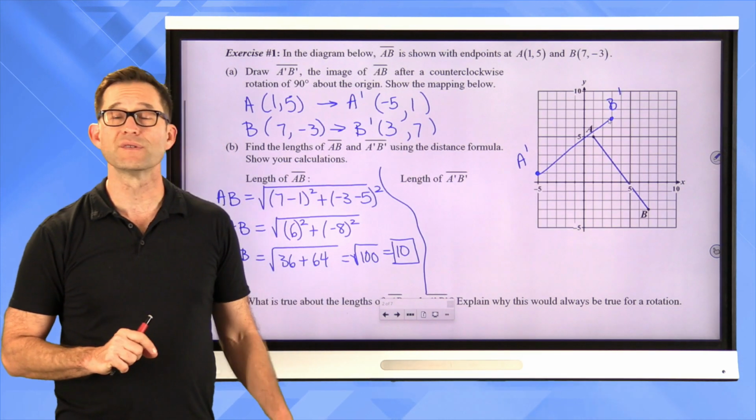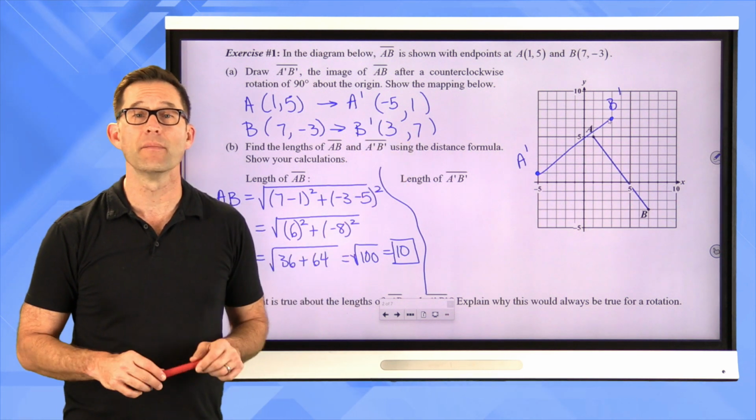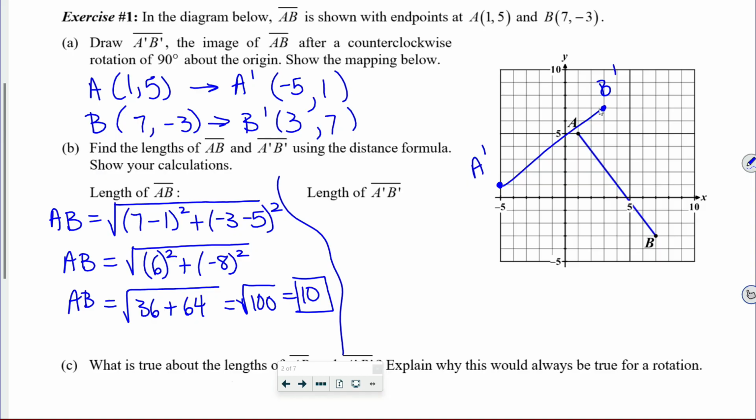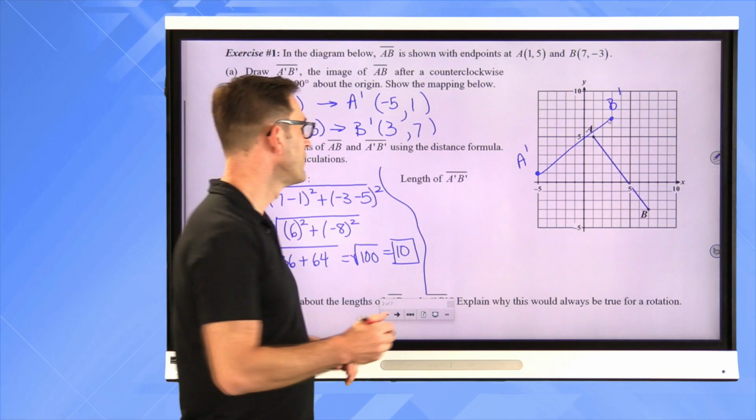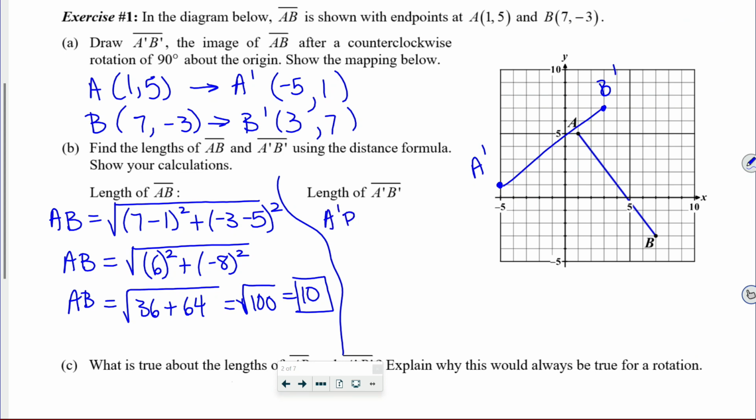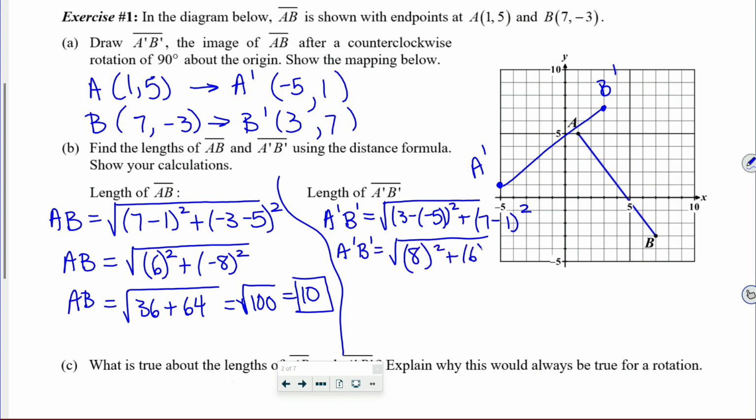All right, so the length of AB is 10. Why don't you go ahead and use the distance formula to find the length of A'B'. Pause the video now. All right, here we go. So A'B' equals the square root. Again, x2 minus x1 is going to be 3 minus -5 squared. y2 minus y1, 7 minus 1 squared. 3 minus -5 is 8 squared. 7 minus 1 is 6 squared.